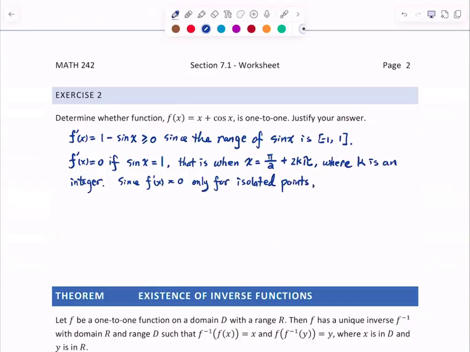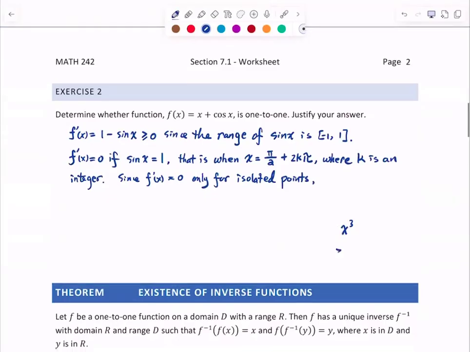And so think about the x cubed function. What's the derivative of x cubed? 3x squared. And this is greater than or equal to 0, right? And where is it equal to 0?